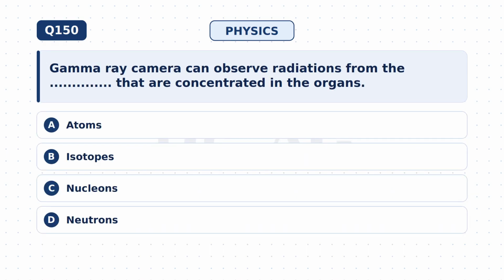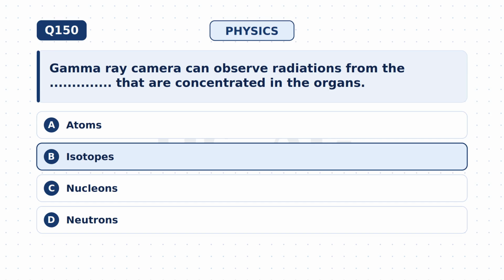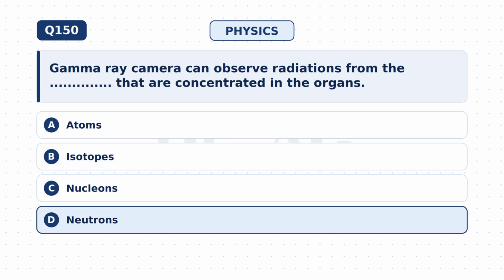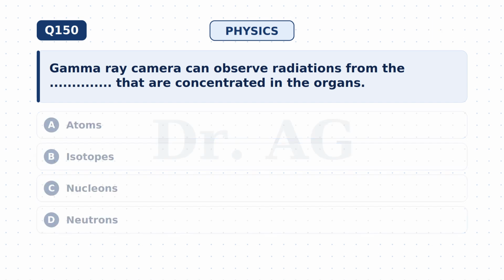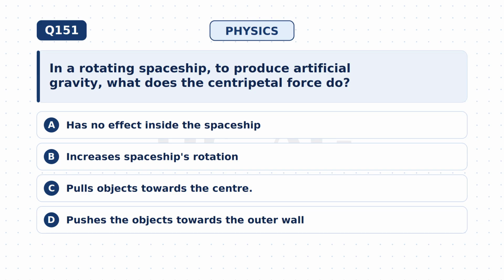Question 150. Gamma ray camera can observe radiations from the isotopes that are concentrated in the organs. Option A, atoms. Option B, isotopes. Option C, nucleons. Option D, neutrons. The correct answer is B, isotopes. Question 151.